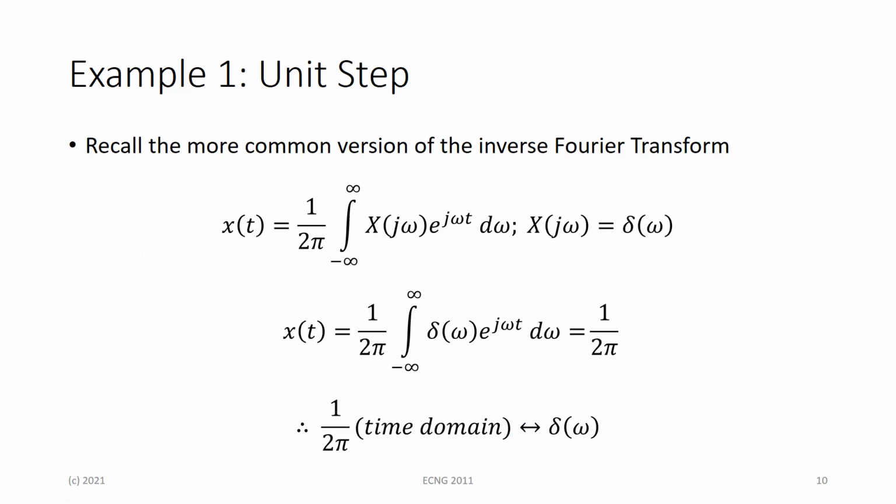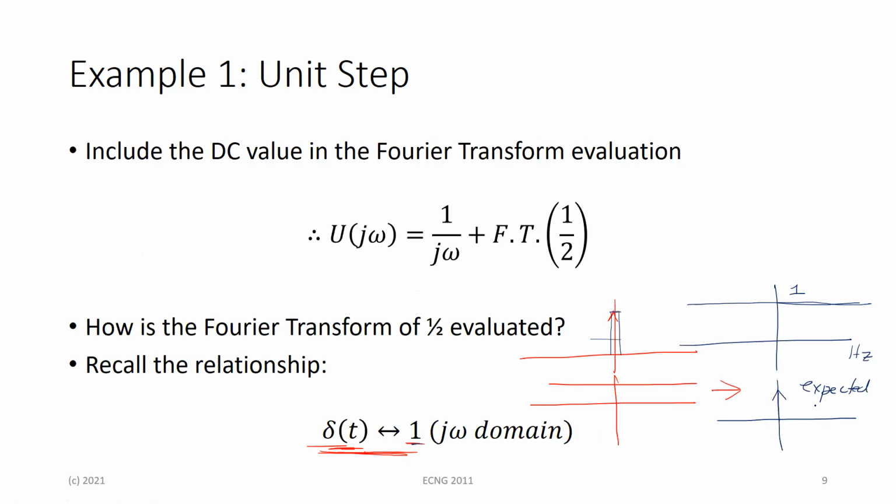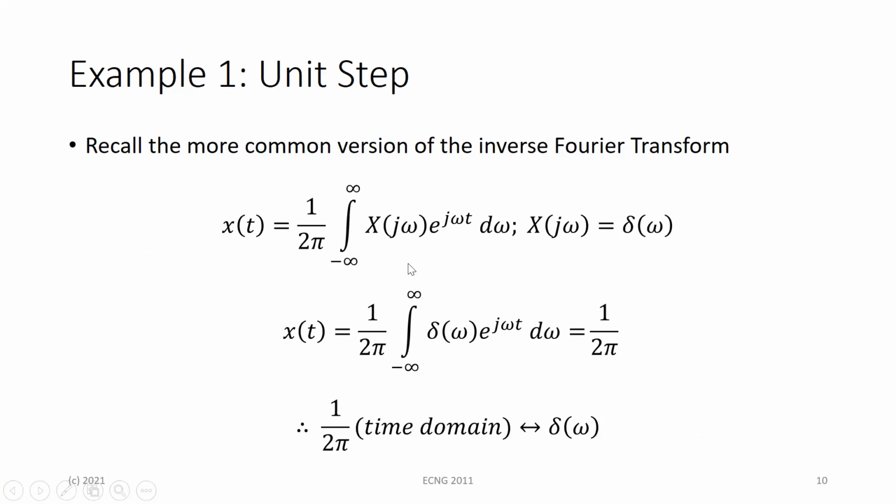We go the other way around: if I have a delta omega in frequency, what is the inverse Fourier transform of that? Remember, the inverse Fourier transform uses the same formula, except that the sign is plus instead of minus, and we have the little constant, 1 over 2 pi. All that is in the derivation in the earlier part of this lecture and the previous one, in the slides.